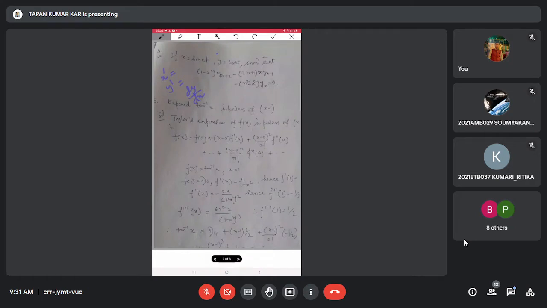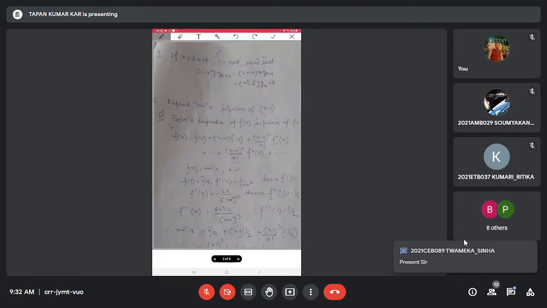So first, you have to differentiate x and y with respect to t, then find dy by dx. Then eliminate all the functions of t and express everything in terms of x and y. Then use the Leibniz theorem.